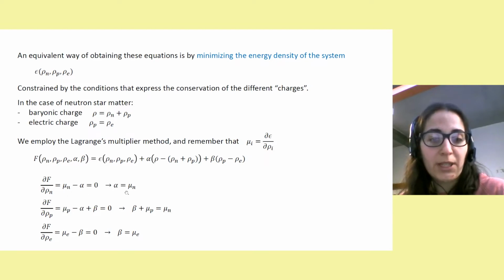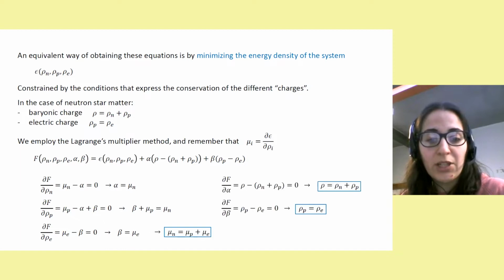So alpha has to be the neutron chemical potential. Then if we take the derivative with respect to the proton density, we get that beta plus the proton chemical potential has to be the neutron chemical potential. And the derivative with respect to the electron density gives us that beta has to be the electron chemical potential. So we get these same relations that we had for the chemical potentials from beta stability.